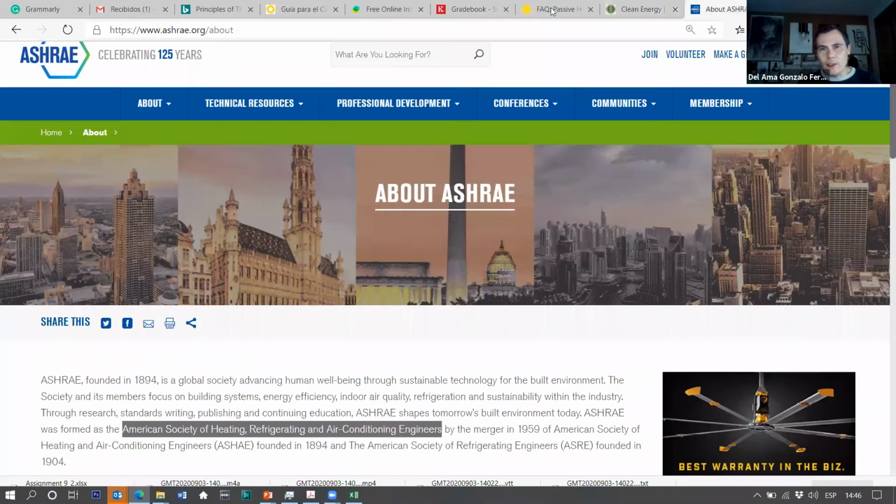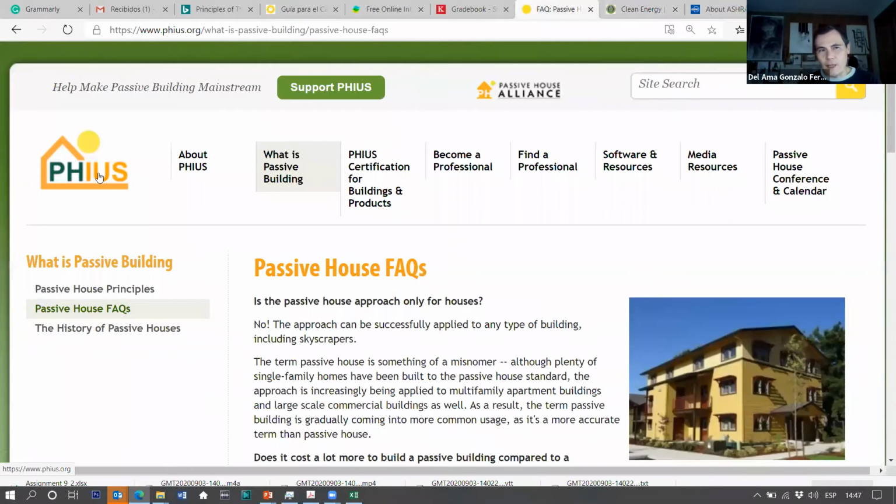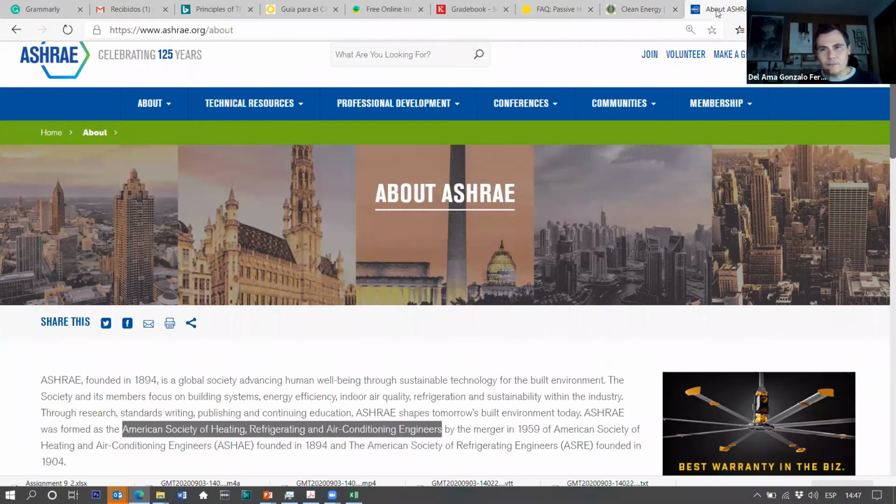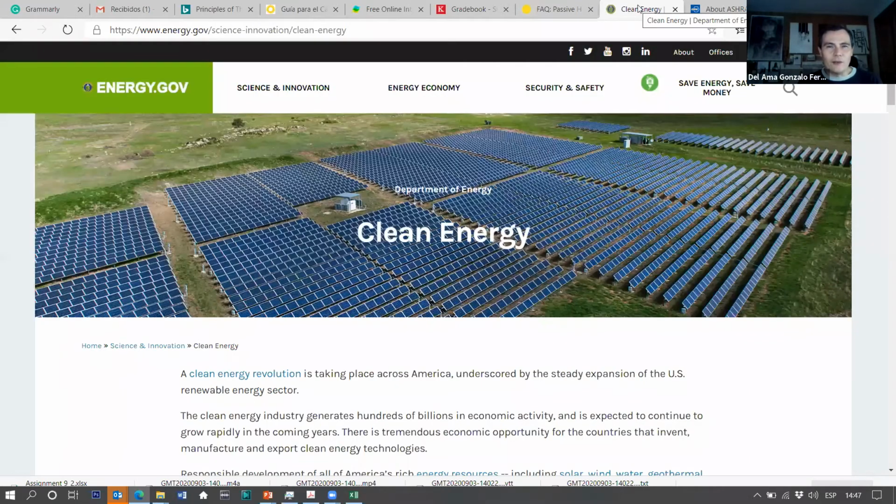If we are talking about buildings, the Passive House Institute is the one. If we are talking about equipment, we can access ASHRAE. If we are talking about CO2 emissions, energy efficiency, what kind of energy sources we can work with, the Department of Energy is the right one.